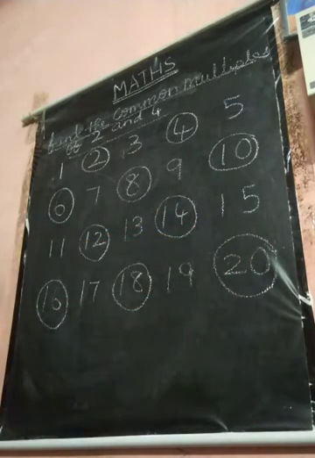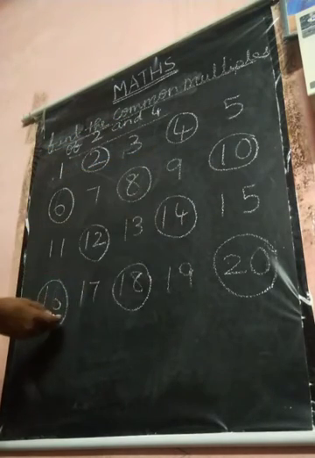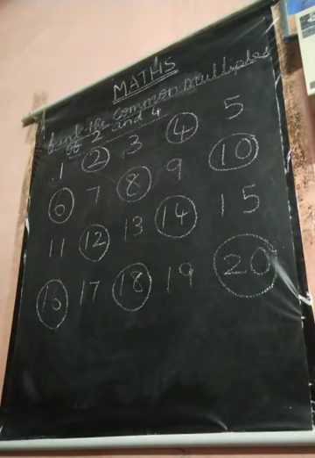All the 2 multiples you circle now: 2, 4, 6, 8, 10, 12, 14, 16, 18, 20.